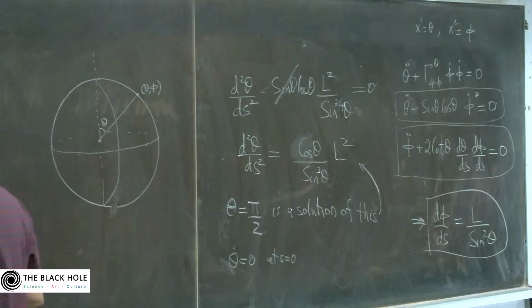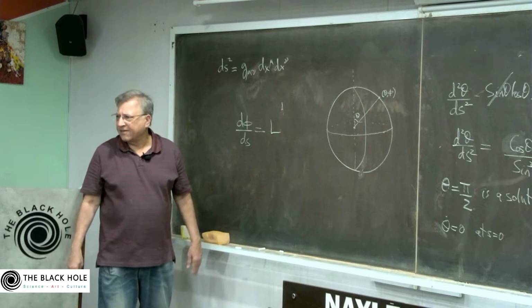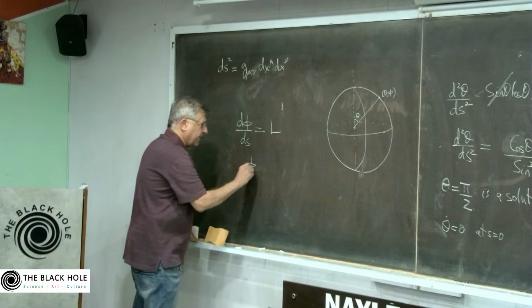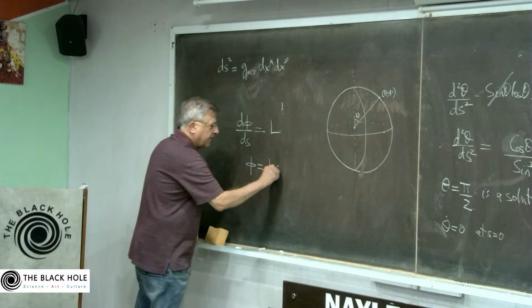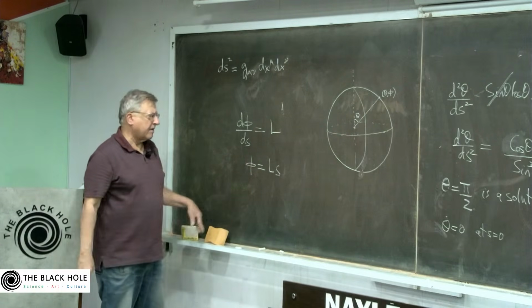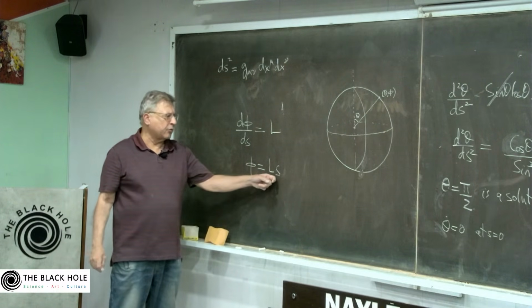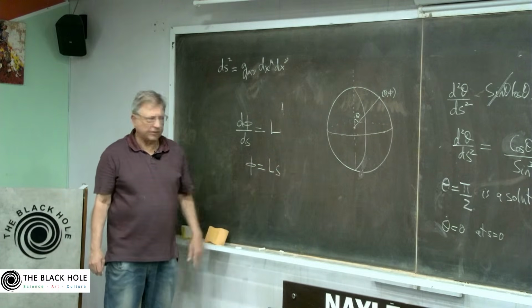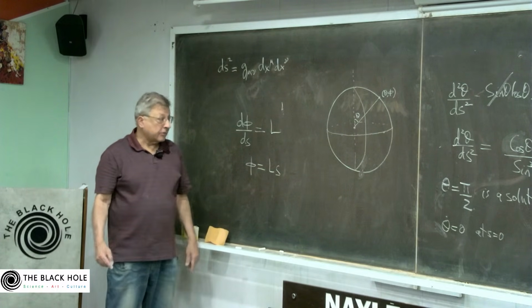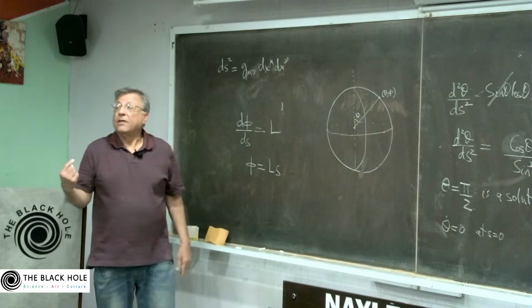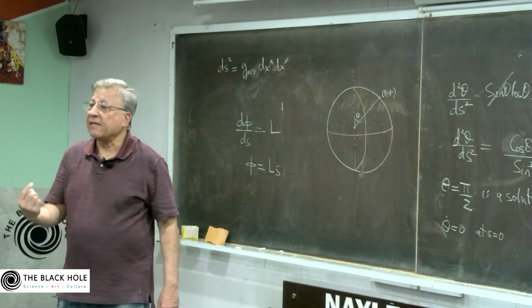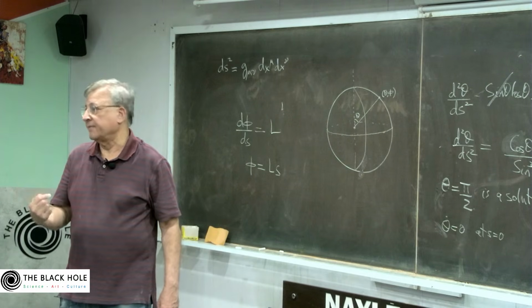If this is true, then any child can integrate it. And if at s equal to 0, phi is 0, then the constant is also 0. So as you move along the geodesic, the angle increases linearly.